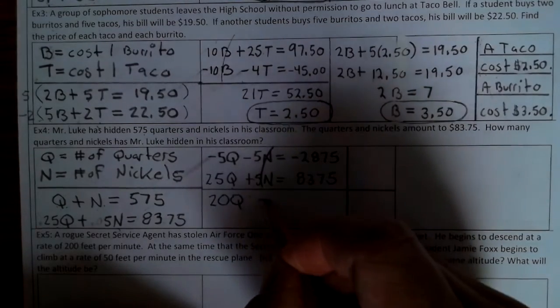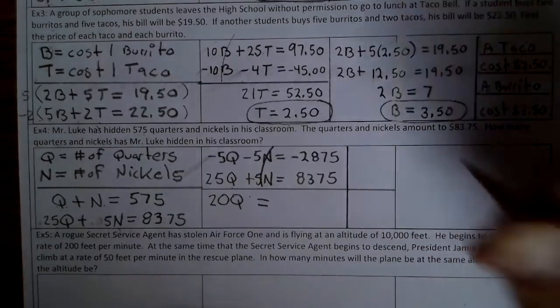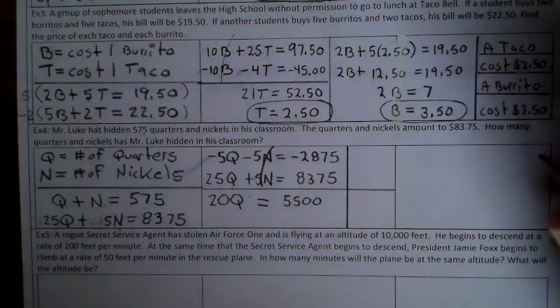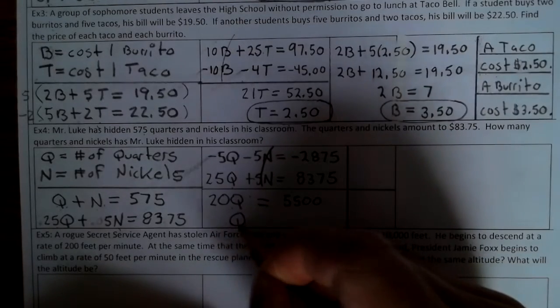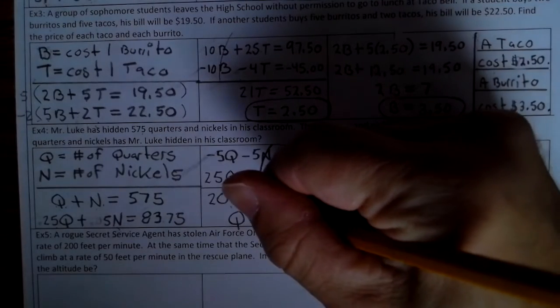The N's cancel, equals -2,875 plus 8,375, which is 5,500. Divide both sides by 20, so the number of quarters is 275.